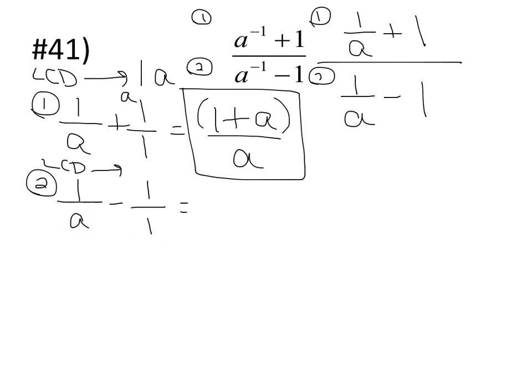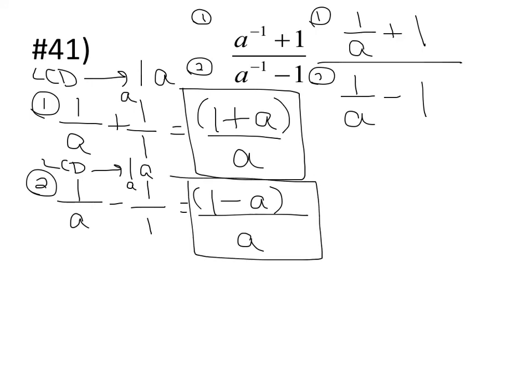I need an A and a 1. So that's 1A. But we're just going to write A. Don't need anything here because they're the same. But here I don't have an A, so I need an A. So this becomes 1 minus A, because it's 1 minus 1 times A. So this is your new denominator.